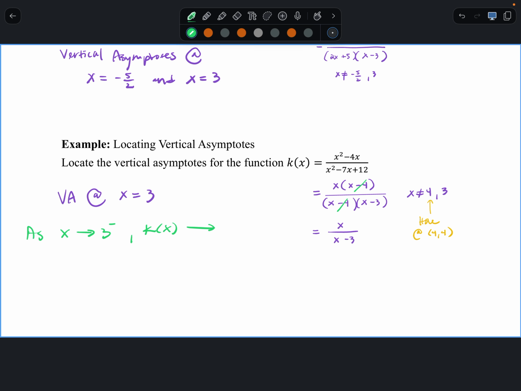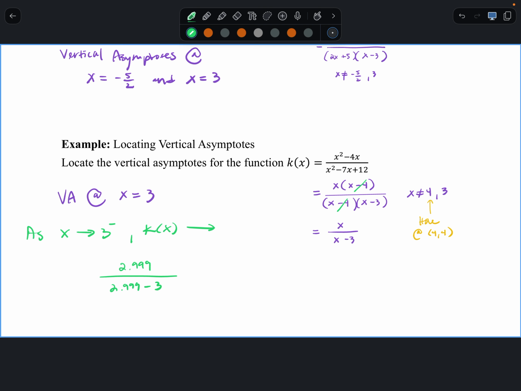So we can pick a value that's close to 3 on the left, and plug it into the simplified version of our equation. A value that would be really close would be like 2.999.